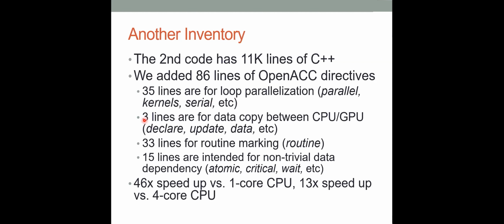And only 3 lines are used for data copy, because in C++ we don't have to use global data like our Fortran module, so we don't need to manually copy the data between CPU and the GPU. And there are 30 lines of routine marking and only 15 lines for non-trivial data dependency. And we can achieve a similar 46 times speed up compared to a single core CPU, or 13 times speed up compared to a 4-core CPU.